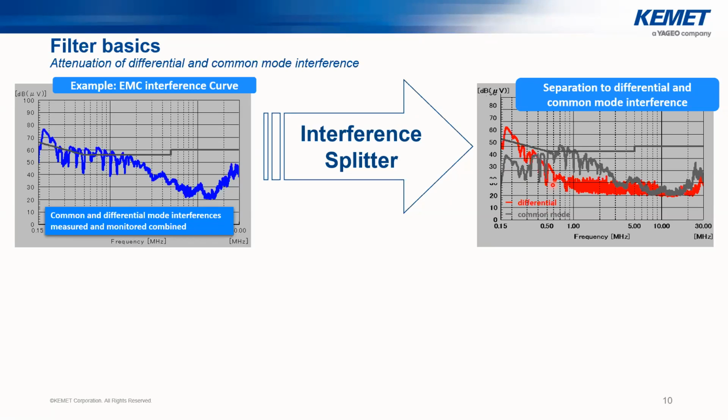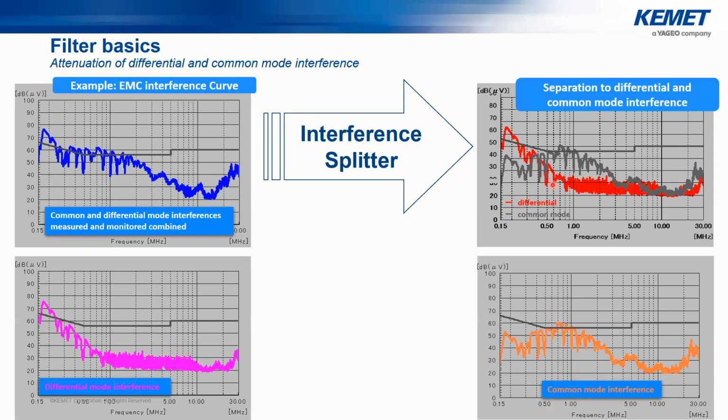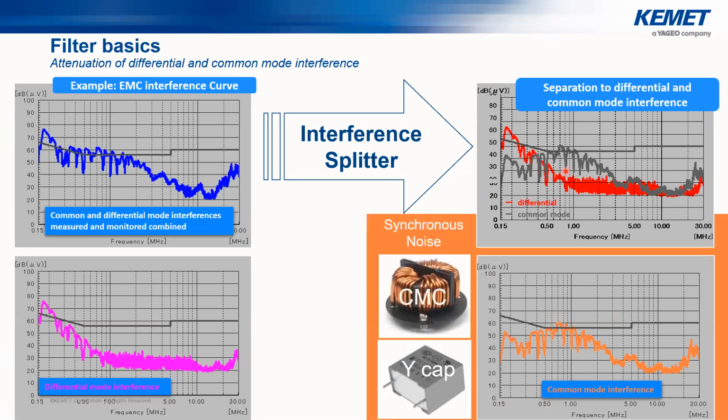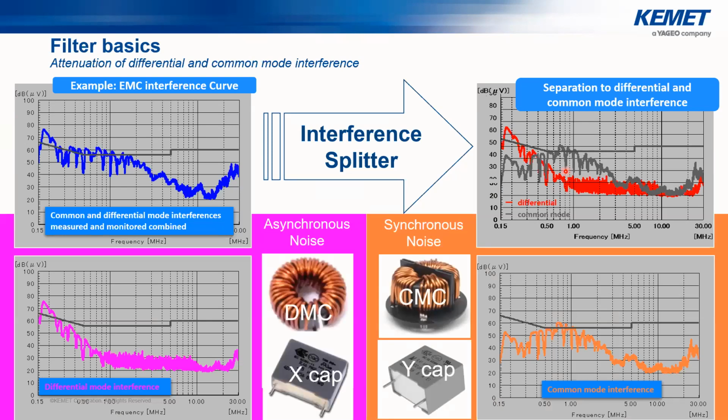For example, if we look individually at these signals, we split them into synchronous mode noise and asynchronous mode noise, or let's say common mode interference and differential mode interference. Then you know that for common mode interference, you need a specialized solution like a common mode choke or a Y capacitor.